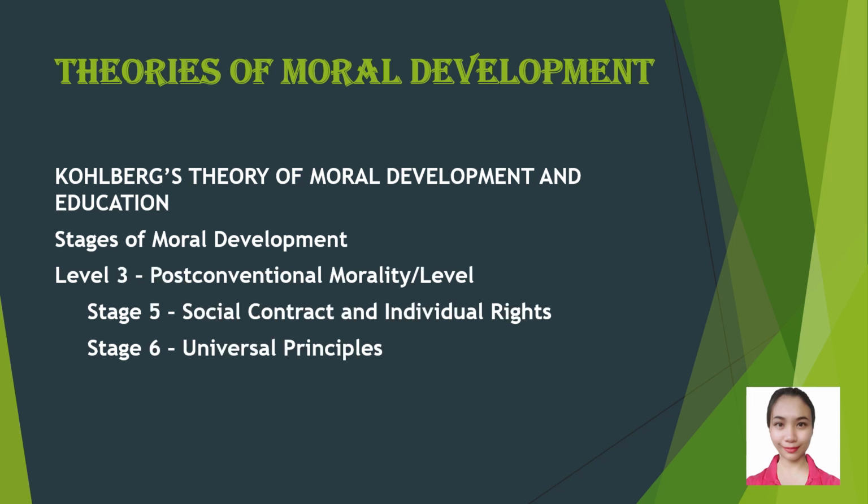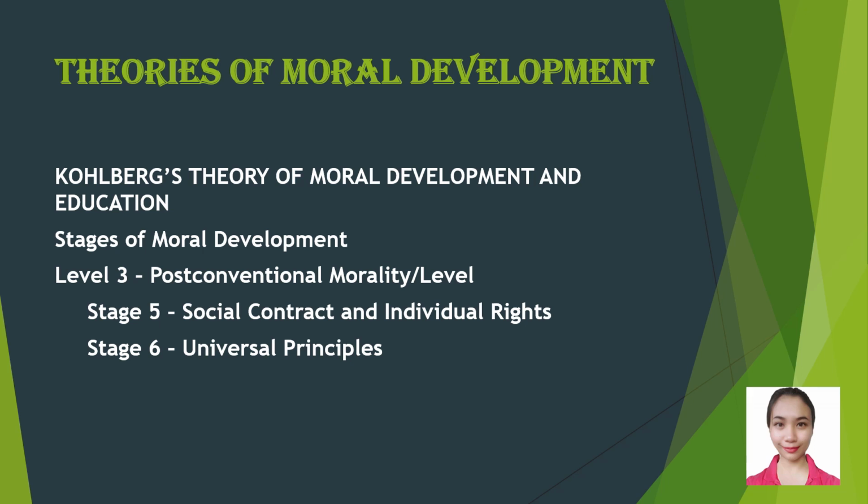So, next class is the last level of moral development, according to Lawrence Kohlberg, which is the post-conventional morality or level. At this level of moral development, people develop an understanding of abstract principles of morality. The two stages at this level are stage 5 and stage 6. In the post-conventional level, class, moral reasoning is based on enduring or consistent principles.